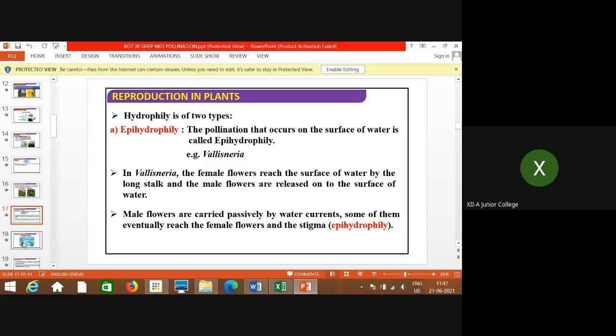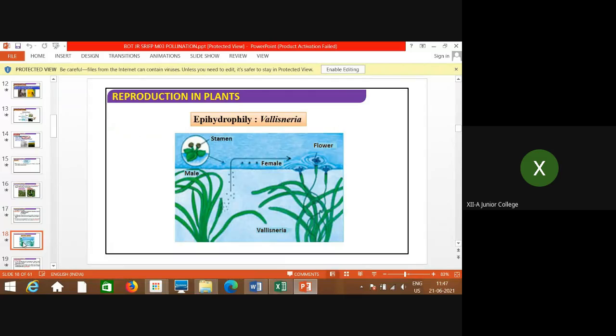Vallisneria, where the female flowers reach the surface of water by a long stalk and male flowers are released on the surface of water. So many flowers are carried passively by water currents, and some of them eventually reach the female flowers and the stigma, that is epihydrophily. So this is the best example you can see in this picture. The male flowers are floating.